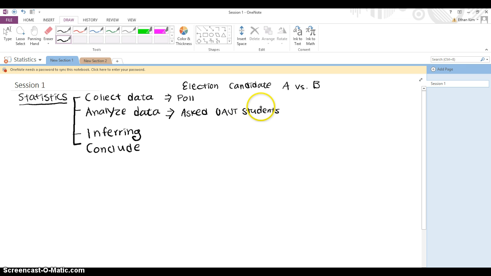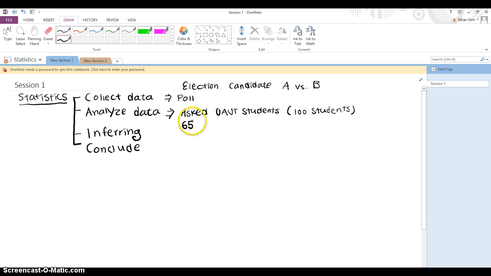So we asked some students who have voting rights, and then say there were 100 students. Alright, there we go. We asked 100 students.